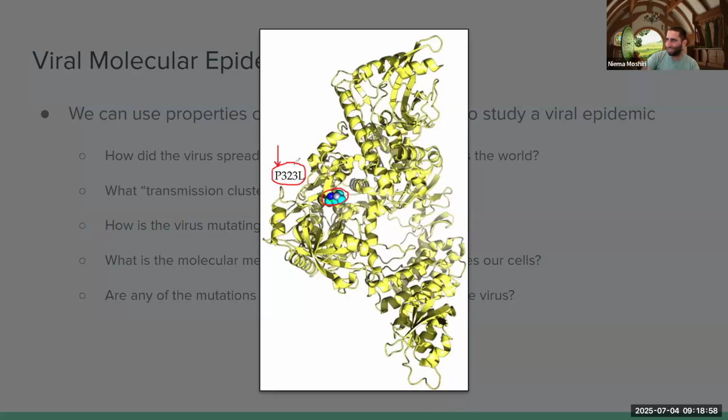I'm not great at that chemistry, but whatever this amino acid is, it mutated into this amino acid, which I think is leucine. So we can superimpose that mutation onto the three-dimensional structure. And then we can see, based on physics models, how does that impact the structure of the protein? And therefore, how does that impact how well it invades our cells?